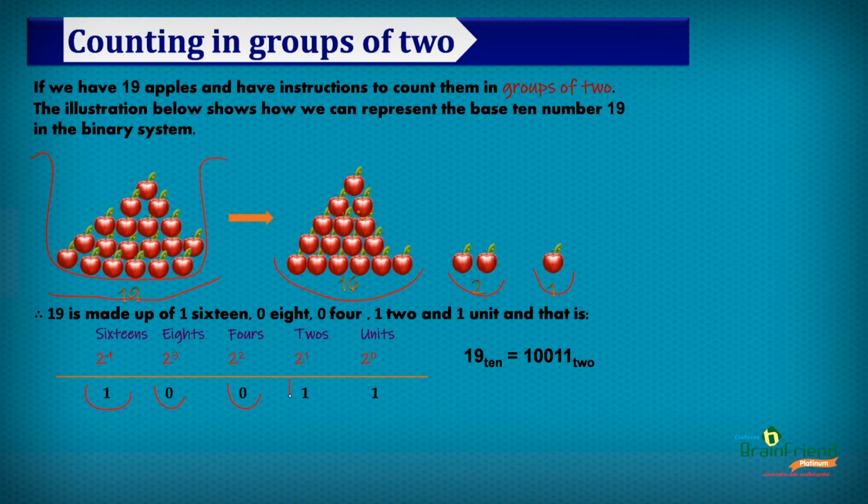So we have 1 here. And then we also have 1 on the unit place value position. So 19 in base 10 can be written as 10011 in base 2. This is how we represent the number 19 base 10 in base 2.